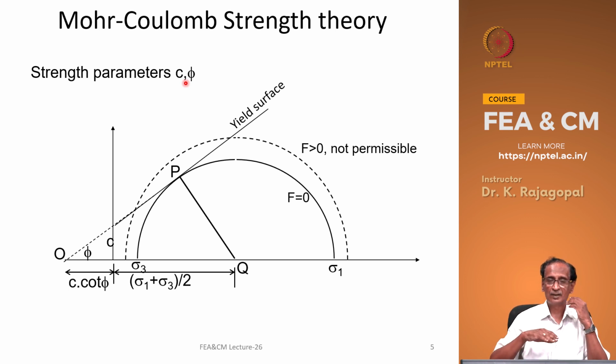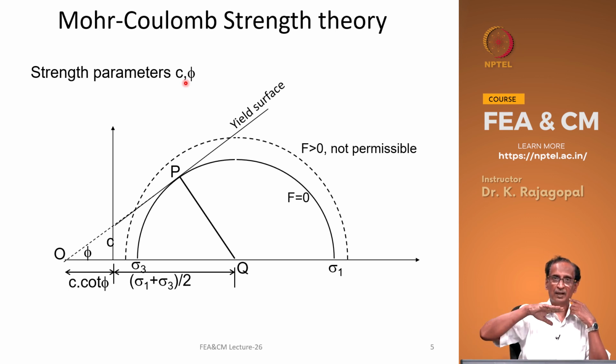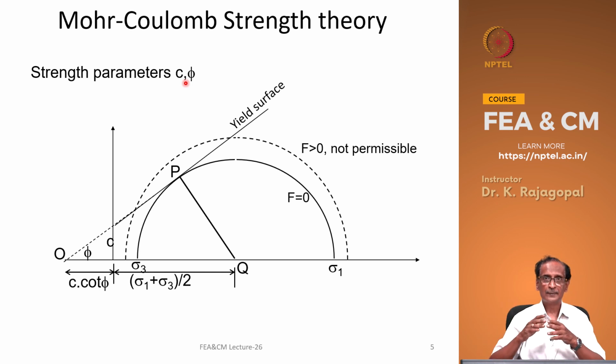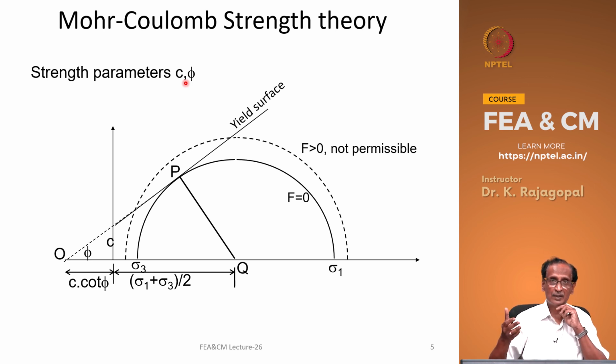That is an equation to apply on a particular failure plane, but in a more general sense we cannot apply that C plus sigma tan phi. We can only apply it in terms of our principal stresses sigma 1 and sigma 3, and our Mohr-Coulomb yield surface in the tau-sigma plane.